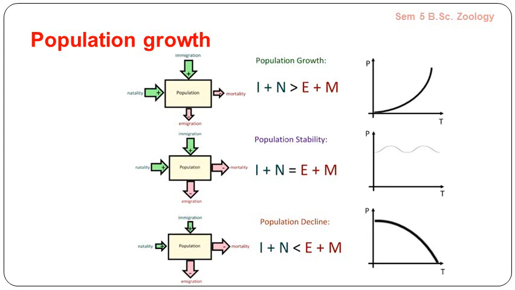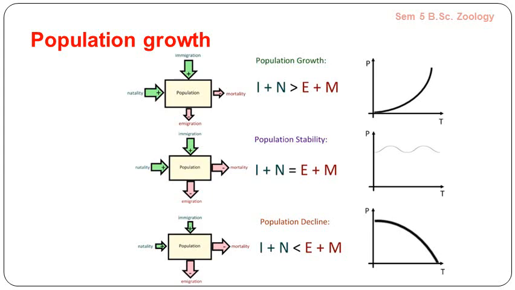Now in the second situation, immigration and natality put together is equal to emigration and mortality summed up. That condition results in population stability. That means there is no decrease or increase in population. You can see in the graph, along the time population graph, there is a wavy graph. It's not a straight line.